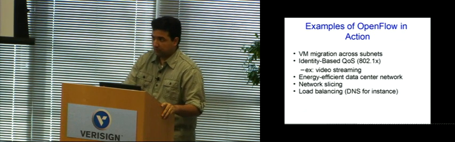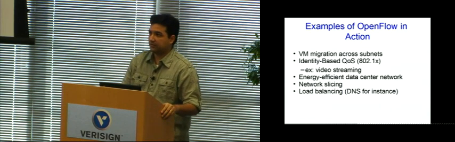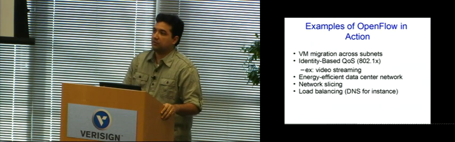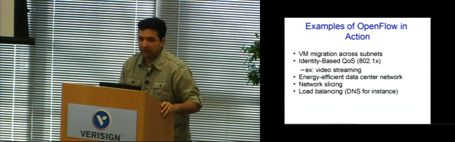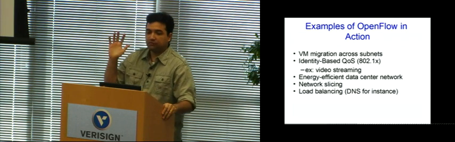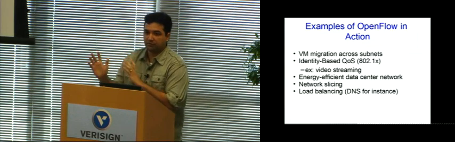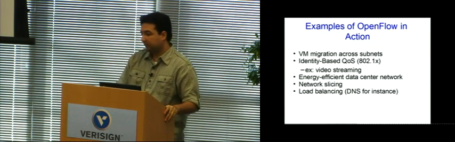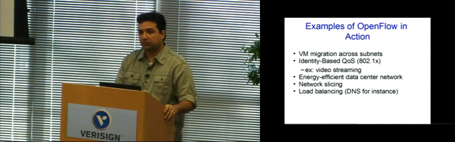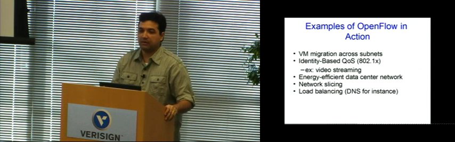DNS load balancing. You have a service with a group of machines, like an FTP server, for instance, or a video streaming service. In the client, you say, I want to connect to videostreaming.hp.com. The controller receives the secondary DNS request to resolve that particular subdomain, investigates the network, sees the best route to the lowest load server, and returns the IP address of that server.